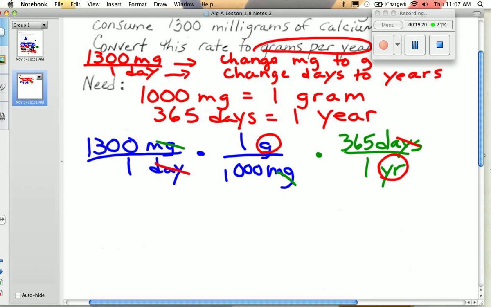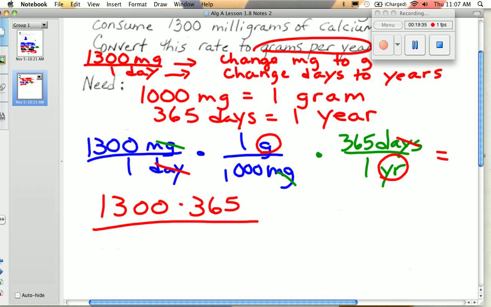So we're going to say equals 1,300 times 365. We don't have to worry about the 1 in the middle, do we? What do we do downstairs? 1,000. It doesn't really have to be multiplied by anything, because it's just times 1.